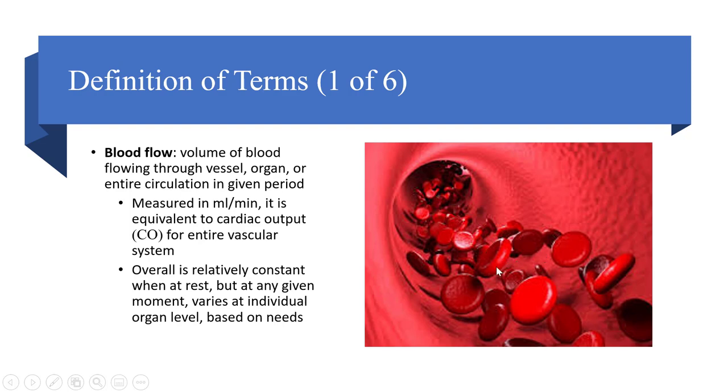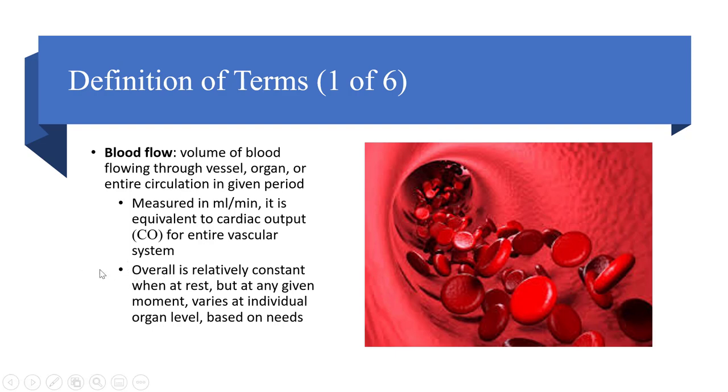So blood flow is the volume of blood that's flowing through vessels, organs, or the entire circulation at a given period, and is measured in milliliters per minute. It is the equivalent to cardiac output of the heart. Okay, but this is actually cardiac output for the entire vascular system.